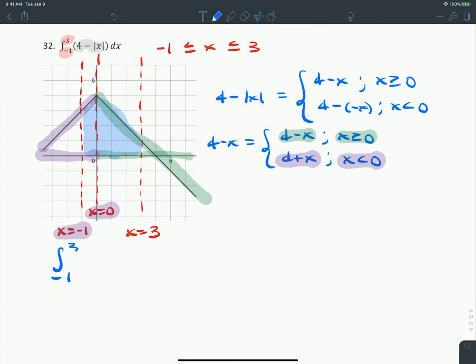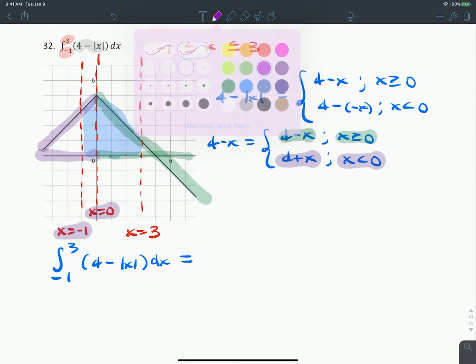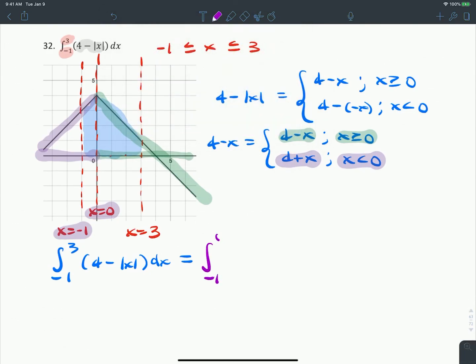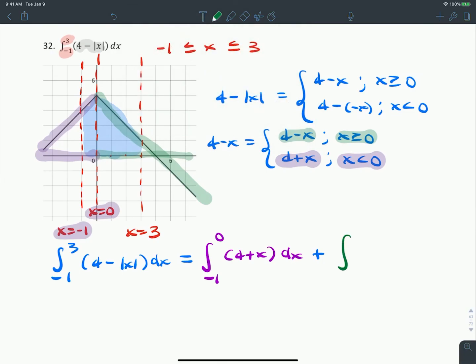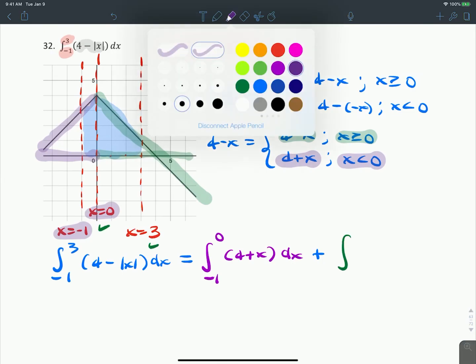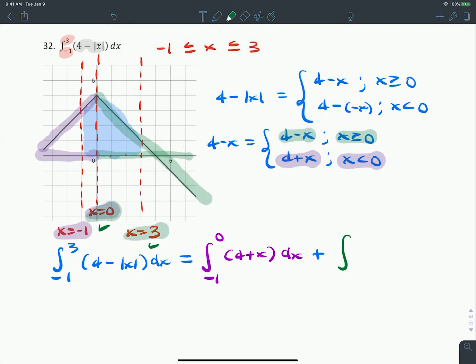From -1 to 3, 4 minus the absolute value of x dx is defined in pieces. -1 to 0, we use 4 plus x dx. Plus, now the green piece. We go from 0 to 3. And that's going to be 4 minus x dx.